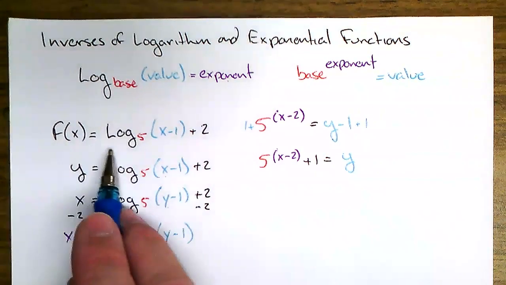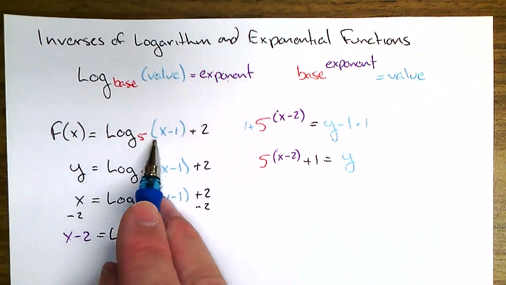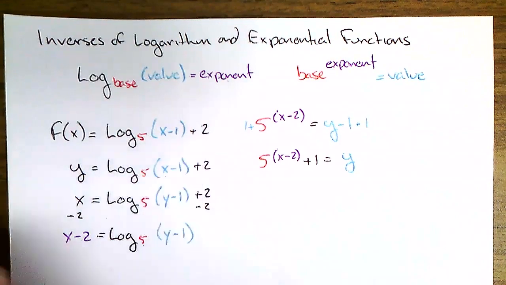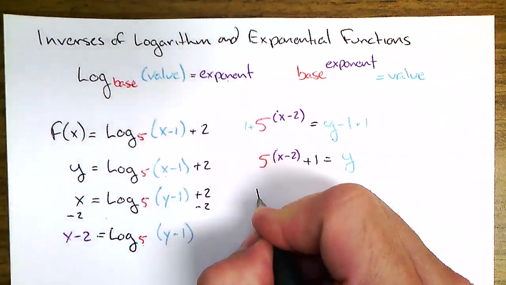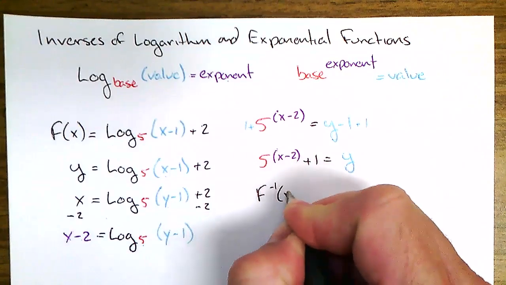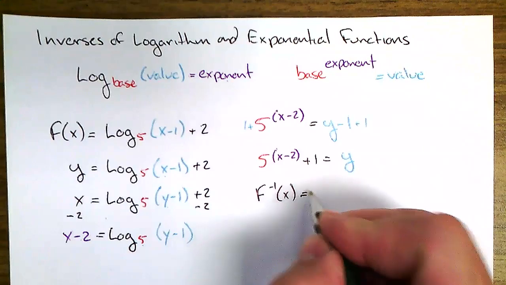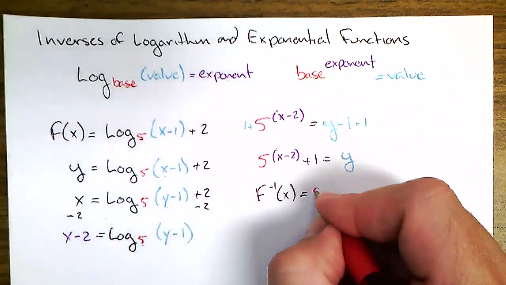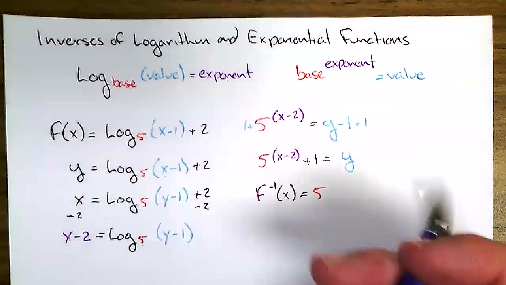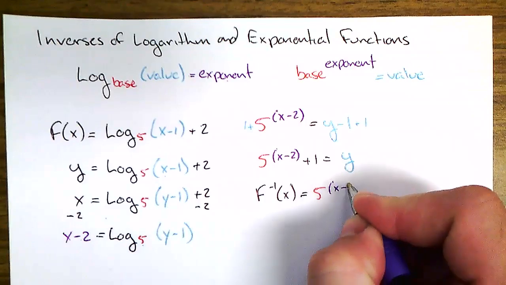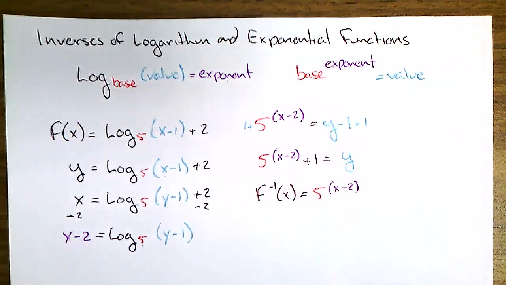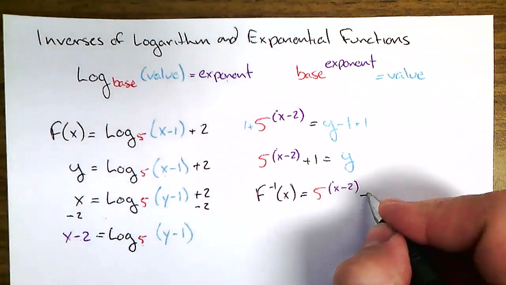If f of x equals log base 5 of x minus 1, plus 2, then the inverse, f inverse of x, equals 5 to the x minus 2, plus 1.